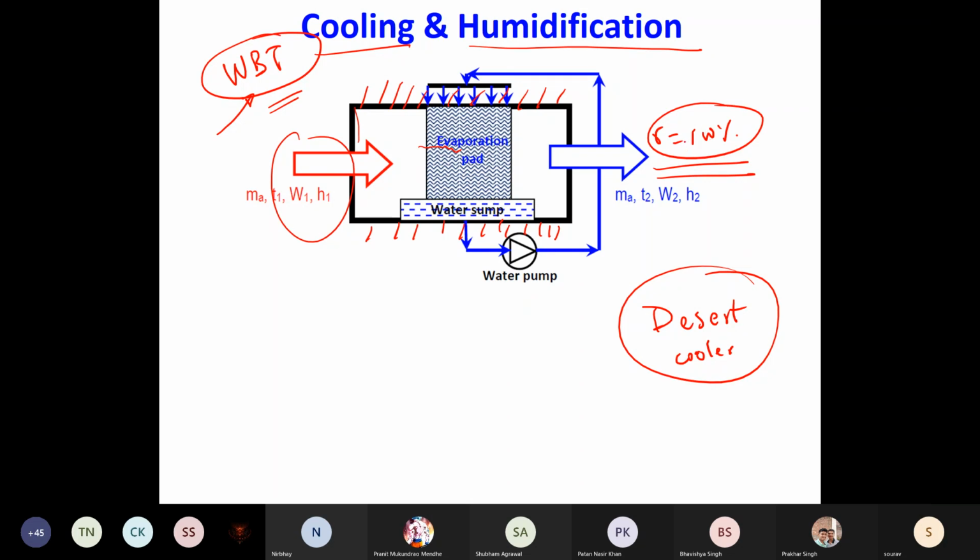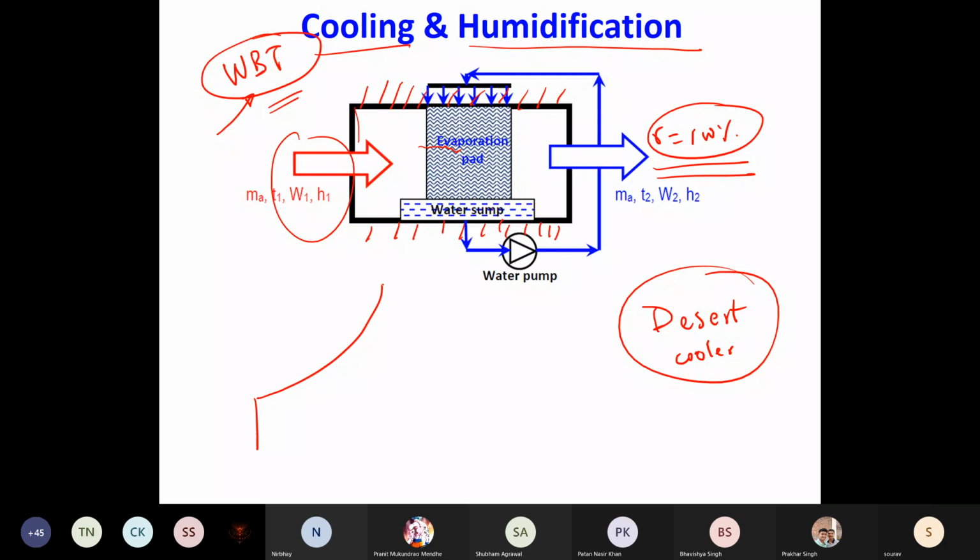But of course, then your cooling capacities and all those parameters which we require from a desert cooler, we require some cooling capacity. For that cooling capacity, we require some finite airspeed. And we cannot have an infinitely long evaporation pad. So hence your desert cooler will never attain the WBT because of these two issues. Effectiveness will be less than 1 and your box is not completely insulated.